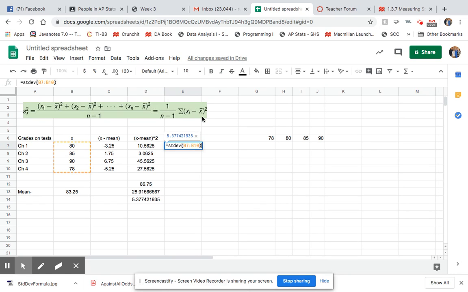So it's not resistant to outliers, just like the mean is not. So if you have outliers, it's probably better to use the IQR for a measure of spread. And if it's symmetric, okay, it looks like a bell-shaped curve, then we use the standard deviation. We'll get into that a little more later.